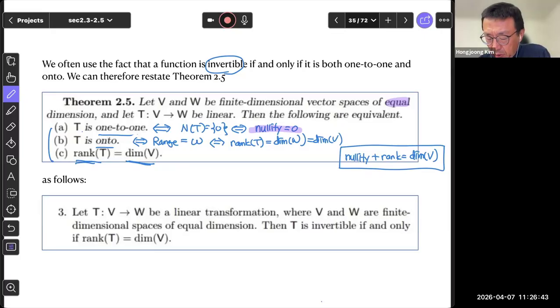Given this linear transformation from V to W, and if V and W have equal dimensions, then T is invertible if and only if T is one-to-one and onto. Then by the rank nullity theorem, the rank must be the dimension of V space. Okay? Then your mapping will be invertible.